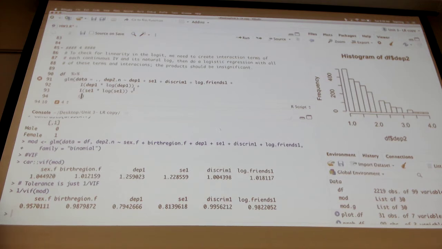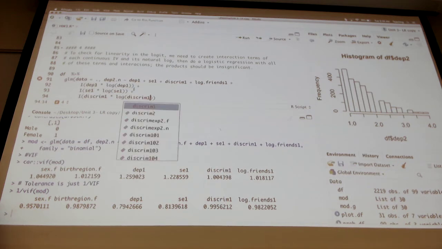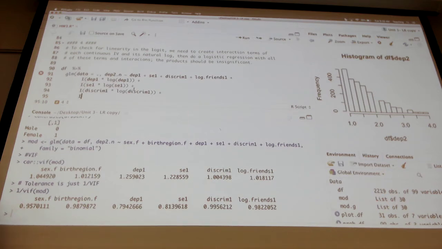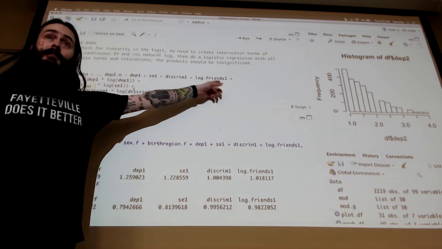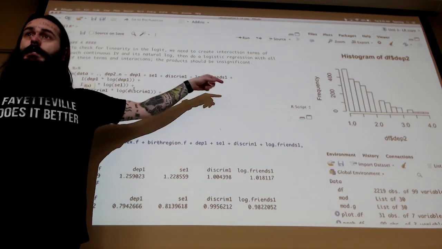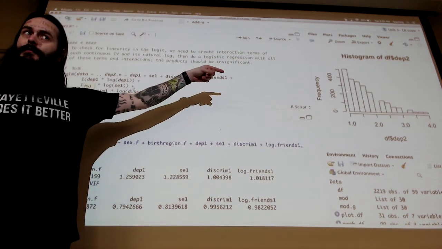We have discrim. And then the last one is the friends. However, to remind you, this log friends1 variable that we have is already the natural log of that friends variable.